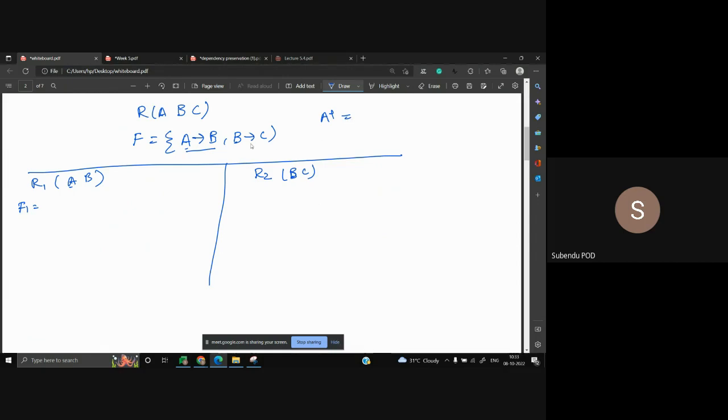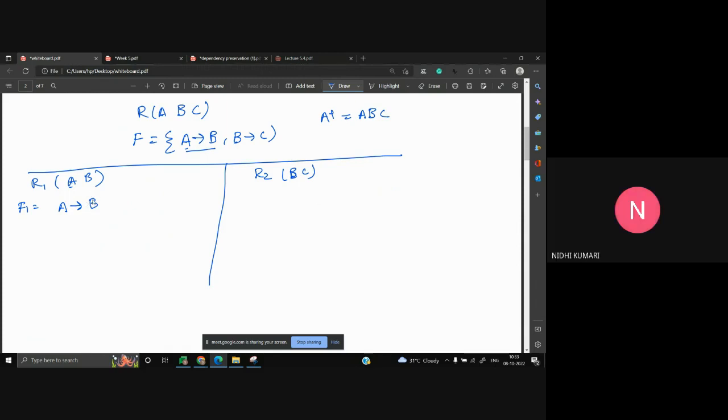A closure is A, B, C. But in the R1 table, only A and B are present. So A determines B. We take only the attributes present in the R1 table, A and B. So A determines B. This is clear, right?